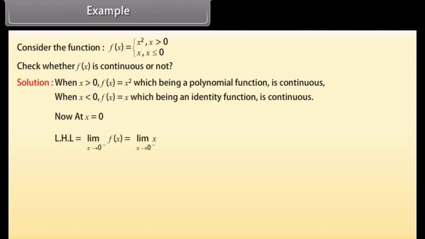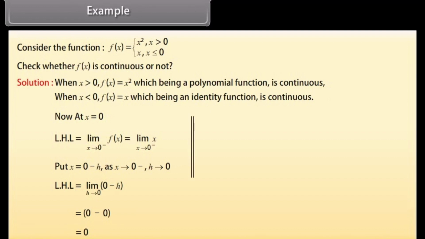Left-hand limit. Limit as x approaches 0 minus of f(x) is equal to limit x approaches 0 minus of x. Put x equal to 0 minus h; as x approaches 0 minus, h approaches 0. Left-hand limit is equal to limit h approaches 0 of 0 minus h, which is 0 minus 0, equal to 0.